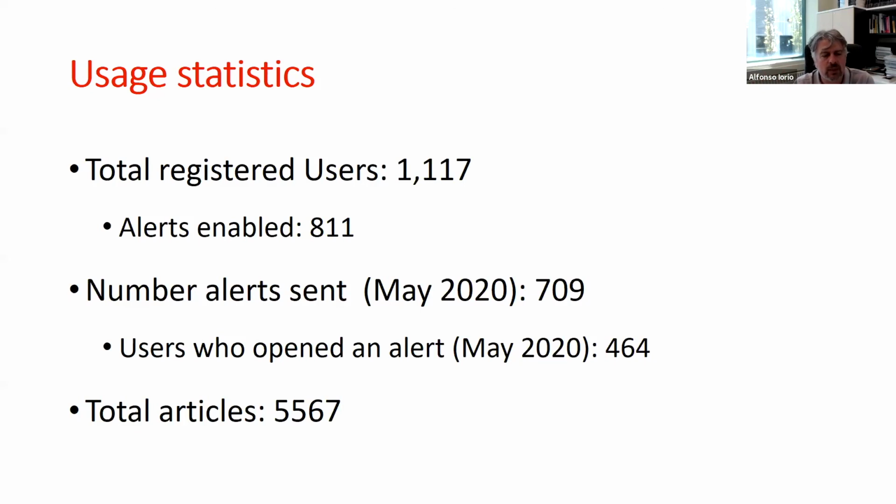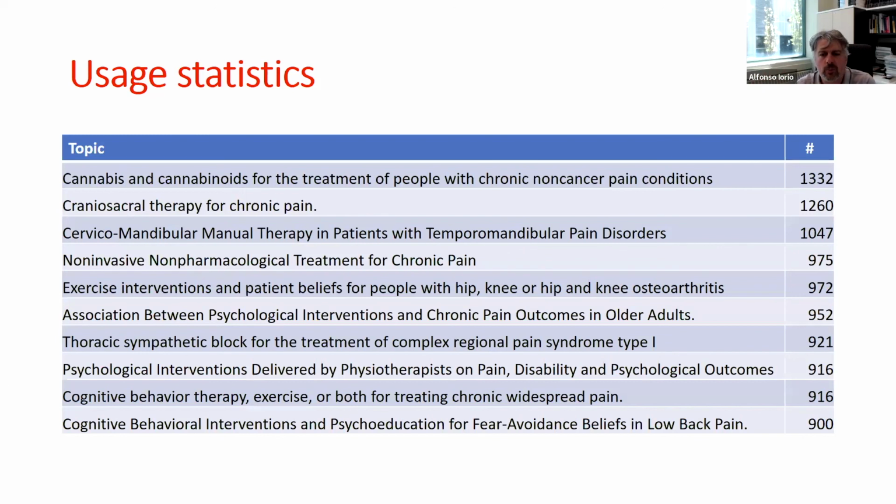To give you a sense of how popular these are or are not, this is a sum of readings on the website or downloads of the article, and the most popular, on cannabis and cannabinoids for non-cancer pain, was 1,300.